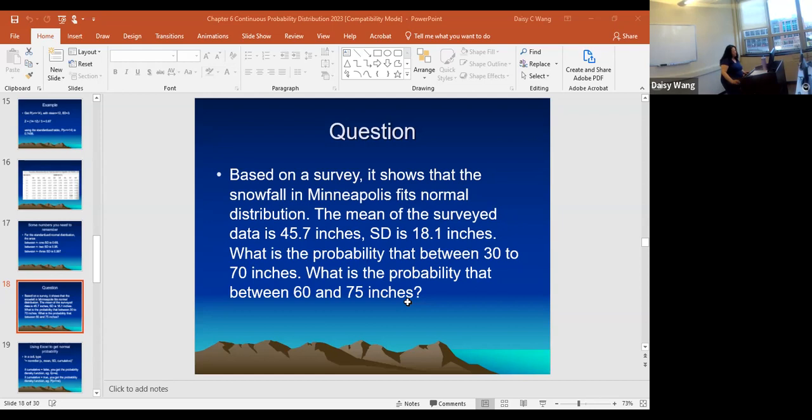Oh no, sorry, I used the wrong one. It should be normal distribution, the individual one. So it should be X, then mean, then standard deviation, and then cumulative.